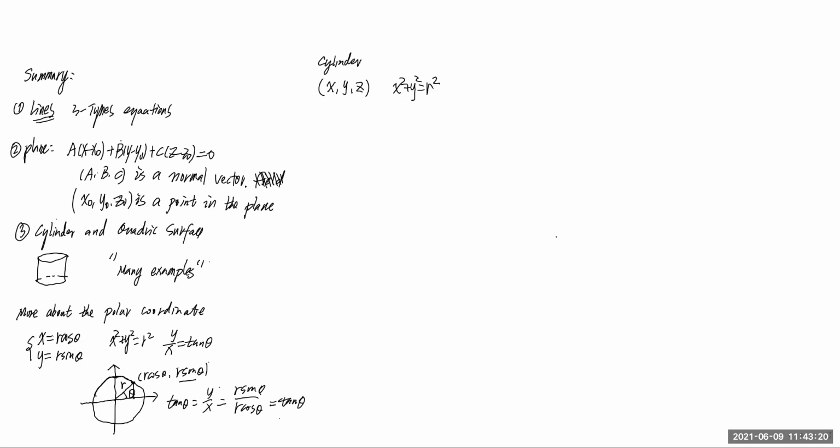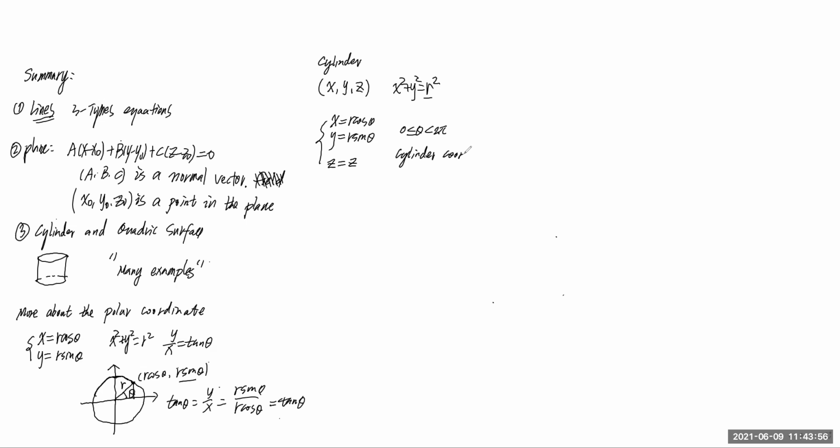So for this one, we just assume x is r cosine theta, y is r sine theta. r is fixed, so theta is between 0 to 2 pi. And z doesn't change, we just rewrite z as z. But write x, y as r cosine theta and r sine theta.